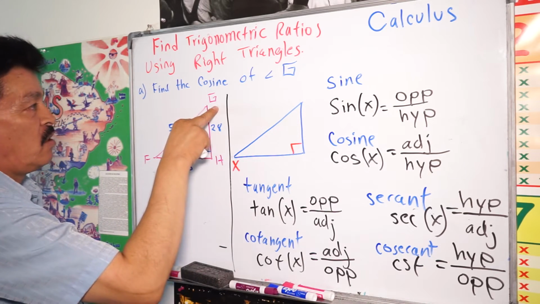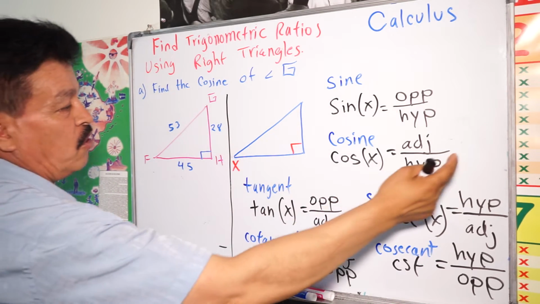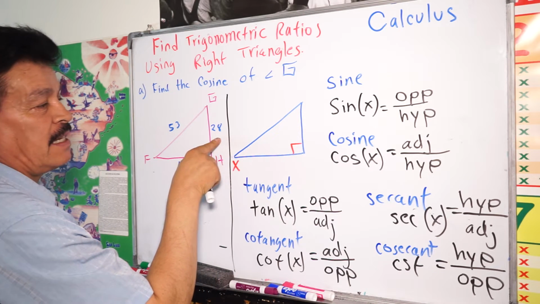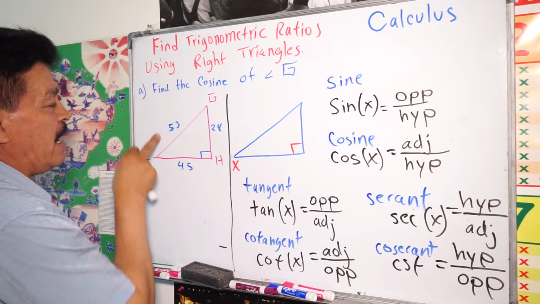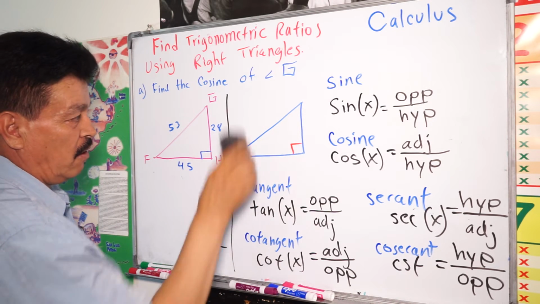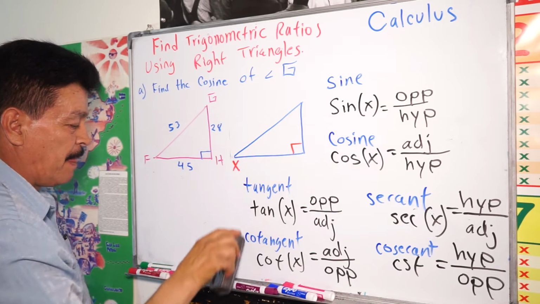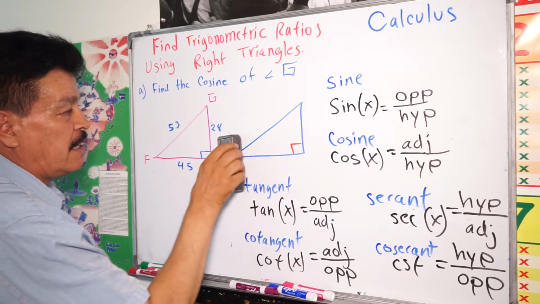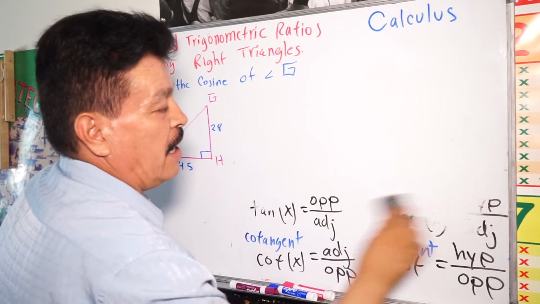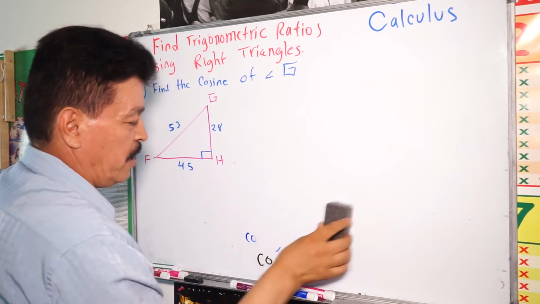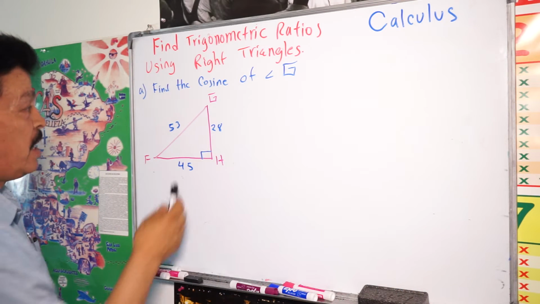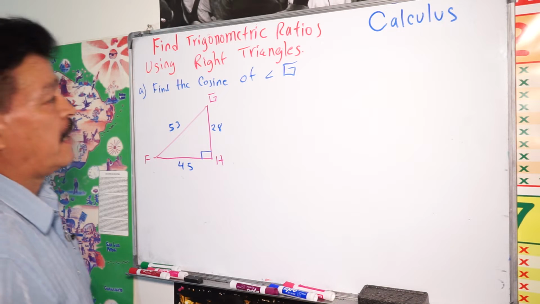Cosine is this formula: adjacent cathetus over hypotenuse. I'm going to erase all this data, so keep it in your notes. You have to memorize these formulas so you can remember them when you have a problem like this one.